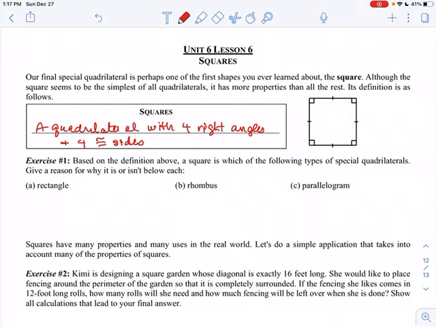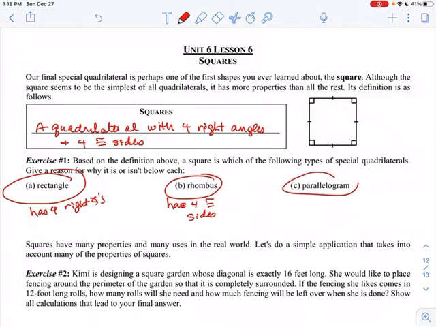Based on this definition of squares, which of the following types of special quadrilaterals is it? Give a reason for why it is or isn't. It is a rectangle. Why? It has 4 right angles. That's a definition of a rectangle. It is a rhombus. It has 4 congruent sides.